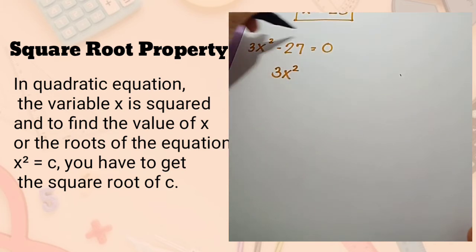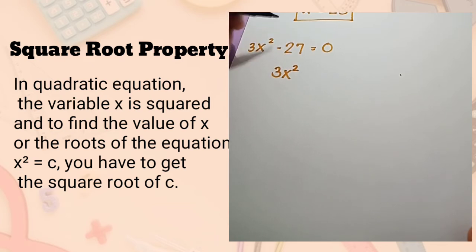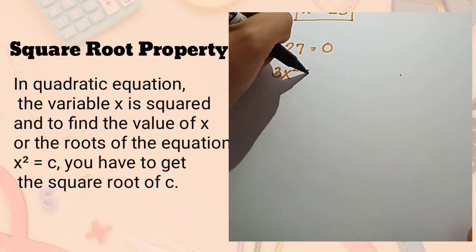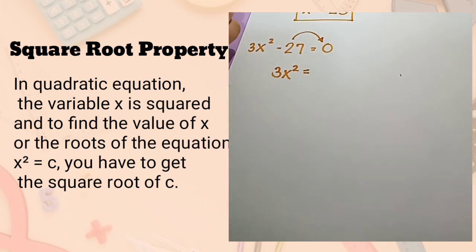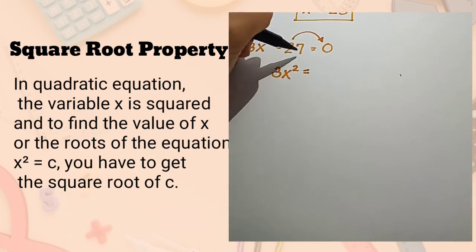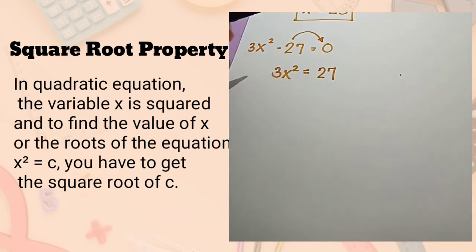Then, i-transpose natin itong c, or yung constant. Equals, kapag na-transpose, nagbabago ang sign. Kasi nag-additive inverse tayo dito. Negative 27, kapag tinranspose, magiging positive 27.